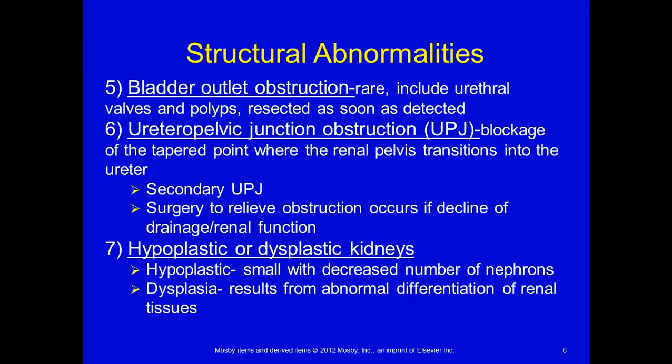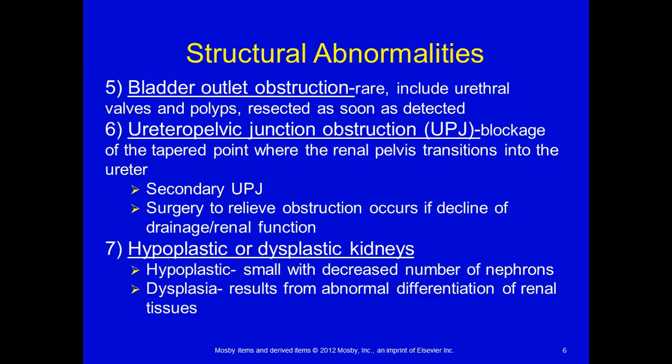Okay, moving on in our tour of structural abnormalities is bladder outlet obstruction. Now this is something that you won't see nearly as commonly as some of the other things that we've just talked about. It is rare. But what it basically is, is that a child with bladder outlet obstruction has these strange little valves or polyps inside the urethra itself, inside the lumen of the urethra.